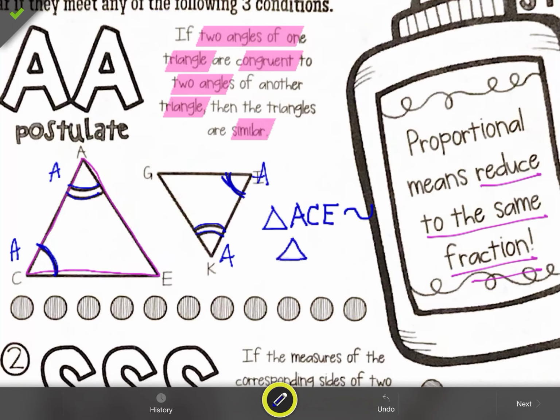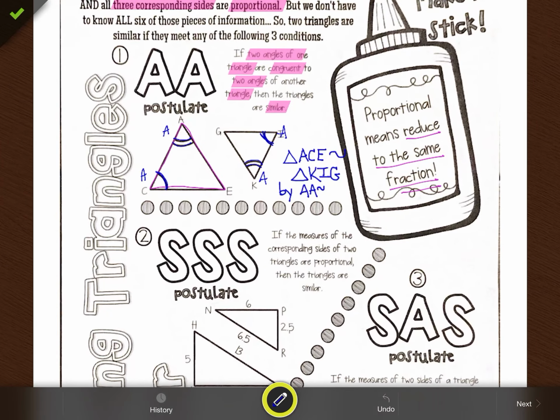See, if we started with A, it had 2 marks. I got to match it up. So A would match with K, C matches with I, and E matches with G. So triangle ACE is similar to triangle KIG by, why are they similar? Angle, angle, and you have to put the little symbol behind it. Angle, angle, similarity. So AA.